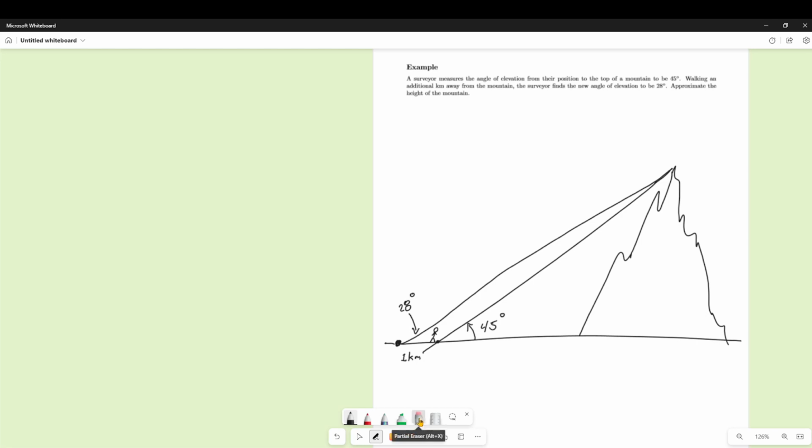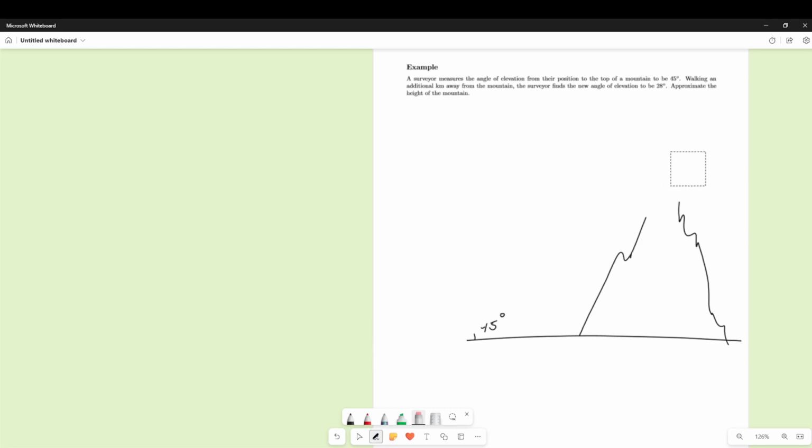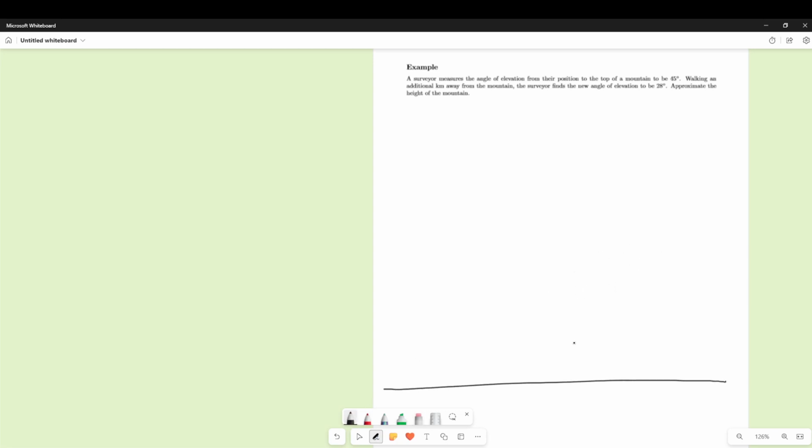I'm going to draw that better. This is a good tip, by the way. Always draw diagrams. Always, always, always. But never consider your diagrams sacred. If you draw a diagram and you're like, that diagram's not doing what I want it to do, then redraw it. A good diagram will save you a lot of time and worry.